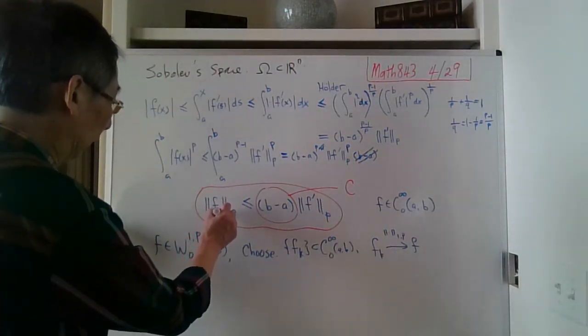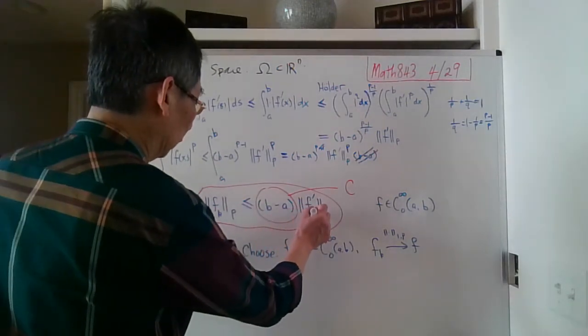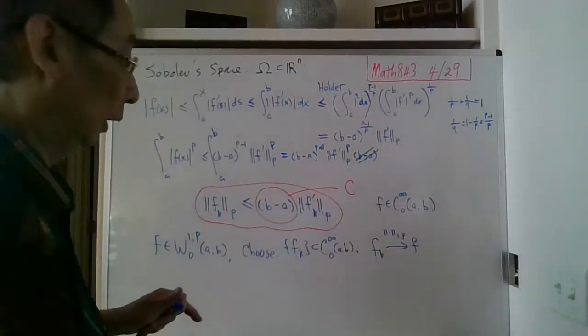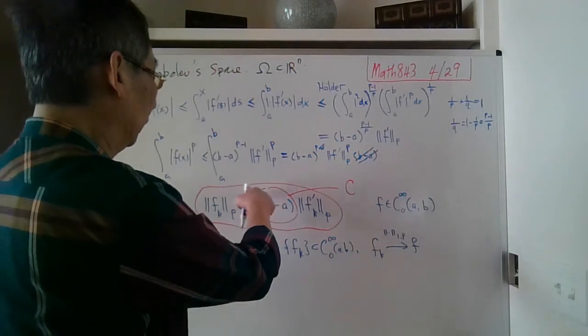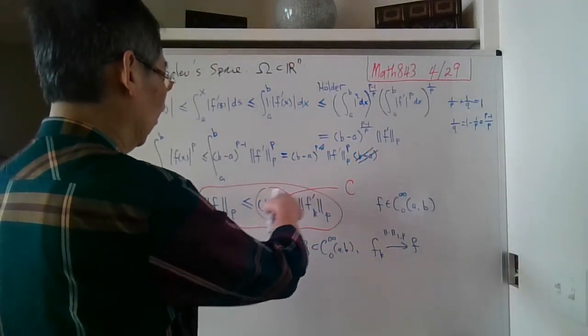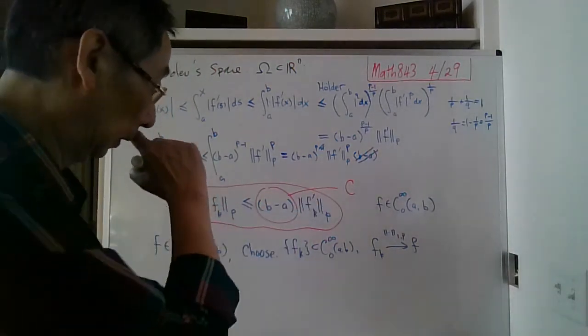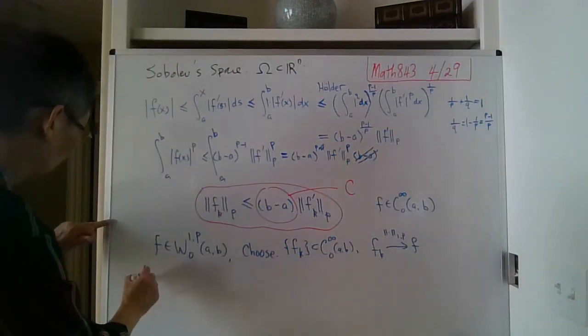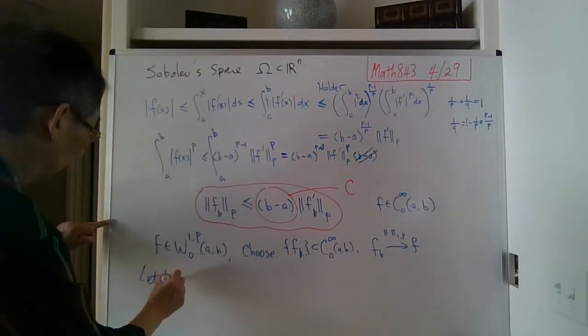Because f_k is a smooth function, I am going to have this result, right? If I put k here, this can be true. And this constant is independent of k because it is just b - a. It's fixed. So now you can let k go to infinity.